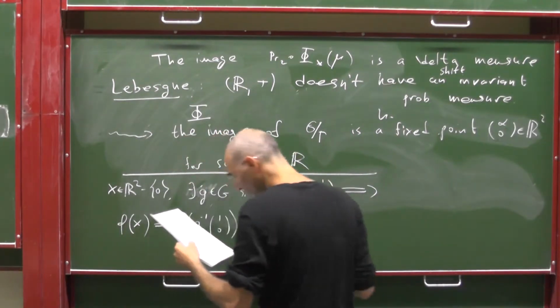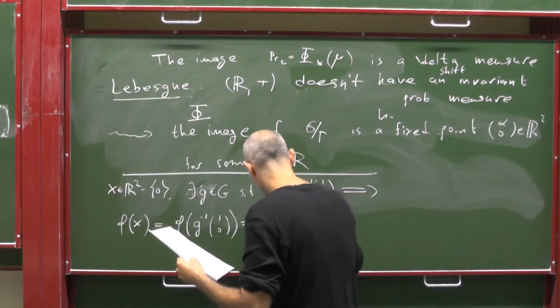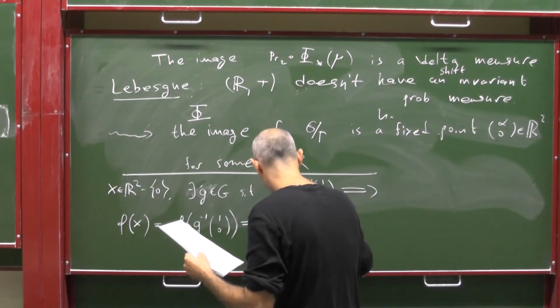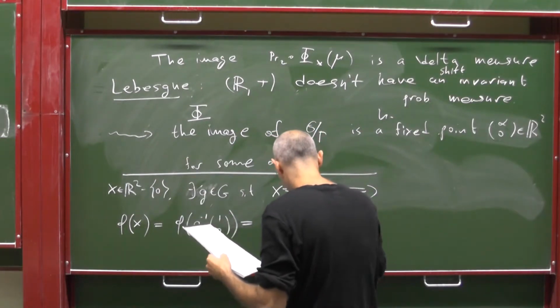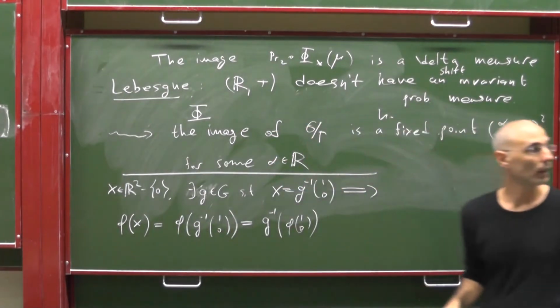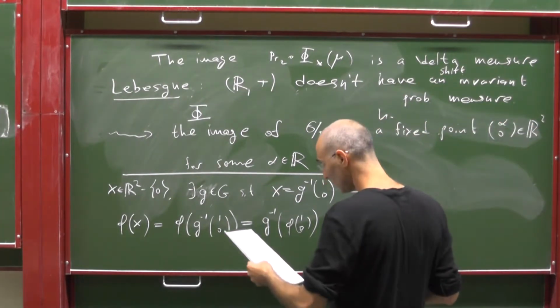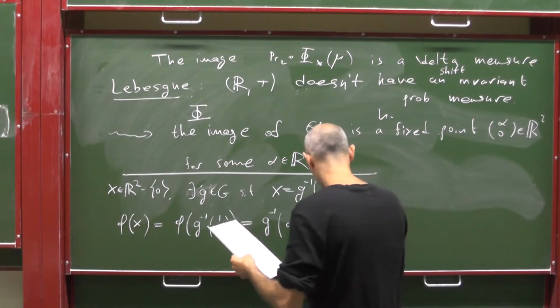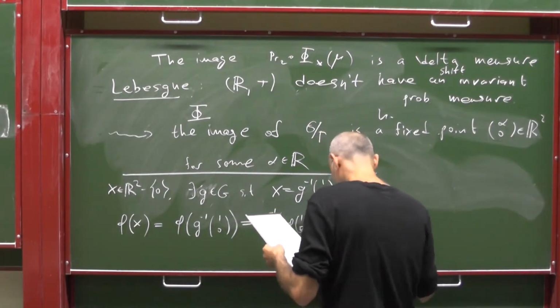But by the definition of big phi, this is G inverse of phi of (1, 0). That is G inverse of alpha 0.